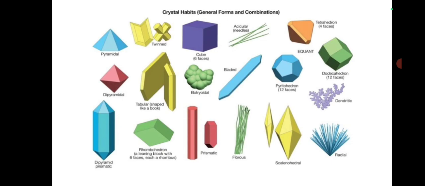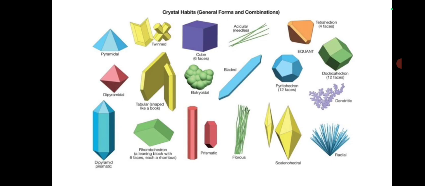Then mammillary means similar to globular, but large overlapping round-shaped projections are there. So that we call mammillary. For example, malachite shows the mammillary form.